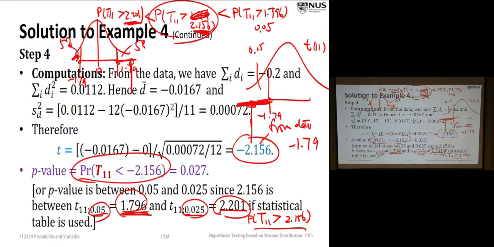And that one is 2.5%. So in other words, my probability must be between 5% and 2.5%. That is, it's less than 5%. So I can answer the question of whether to reject or not reject. If my alpha is 5%, I don't know the exact p-value, but I know that it is between 2.5% and 5%. Therefore, I reject the null hypothesis at 5%.